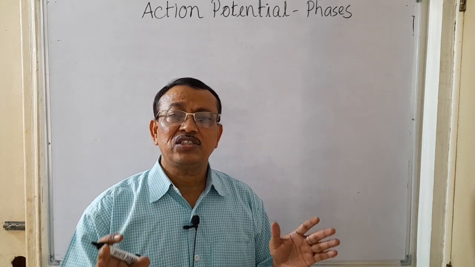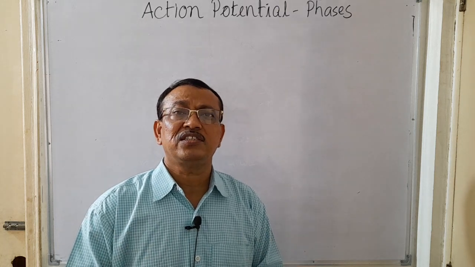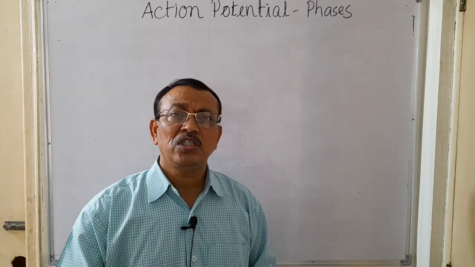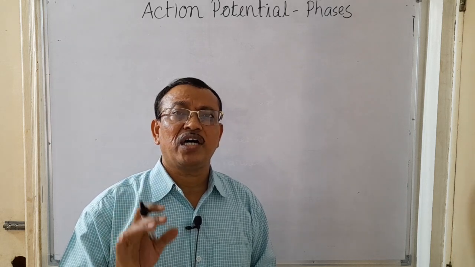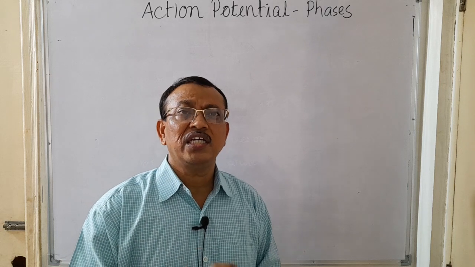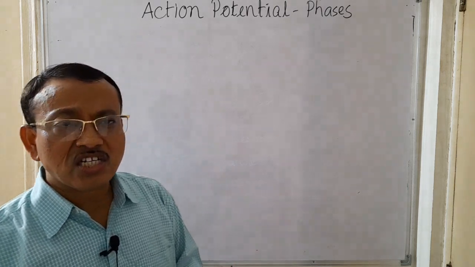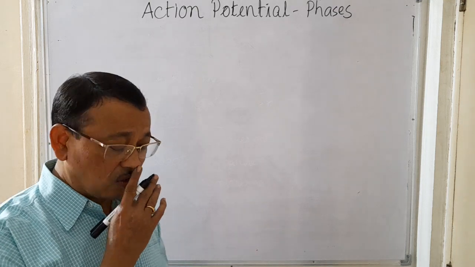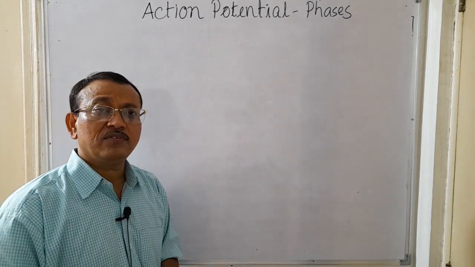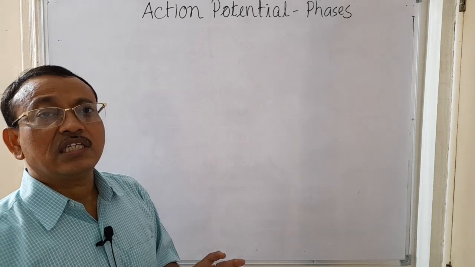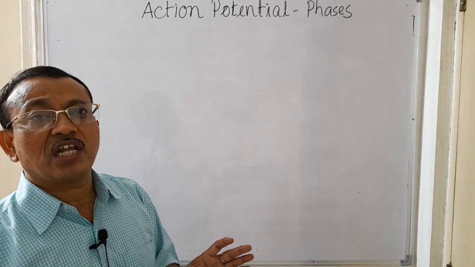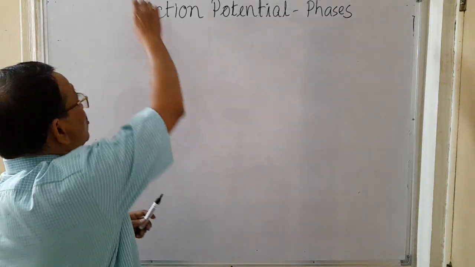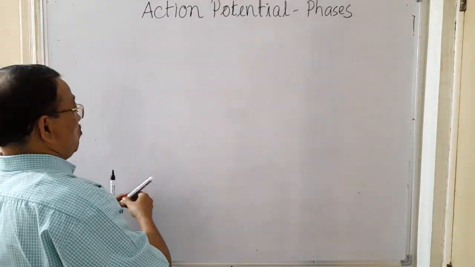And this change of the potential difference across the membrane in response to application of the threshold stimulus is known as the action potential. So in this video, I will talk about this type of membrane potential in response to the threshold stimulus, which is known as the action potential.